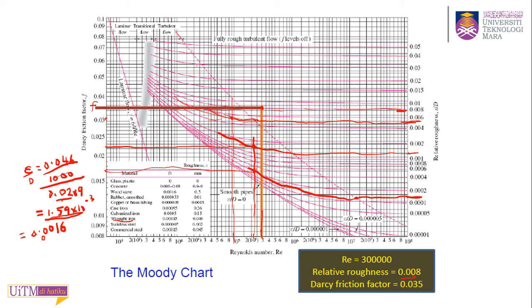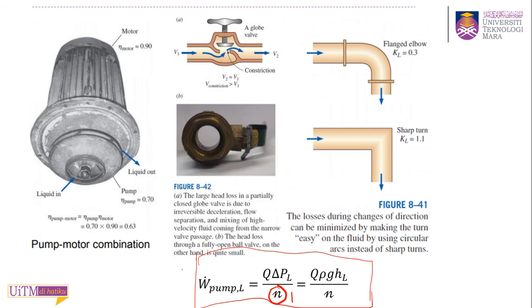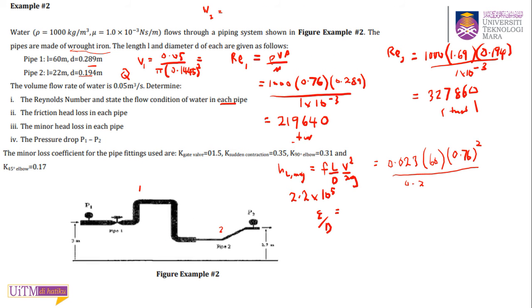You get roughly 0.017. So you can plug this value into your calculation.